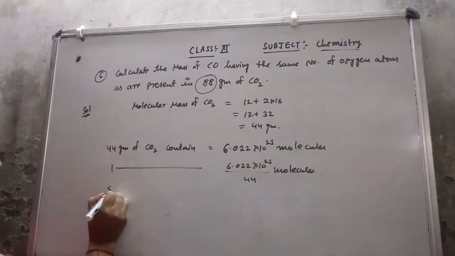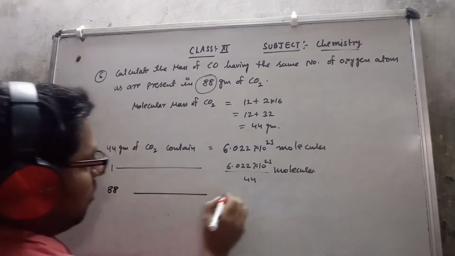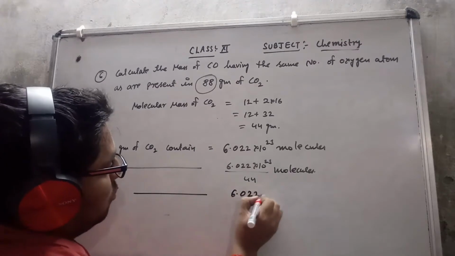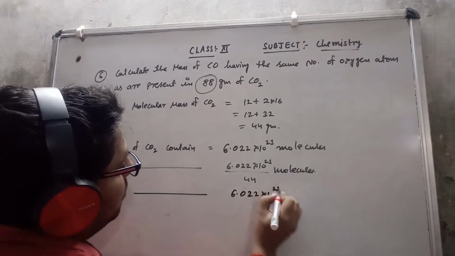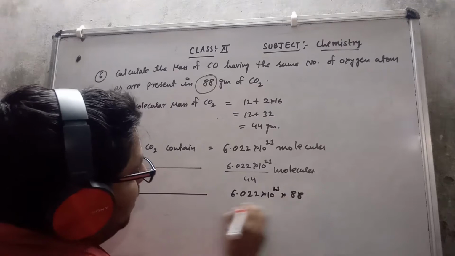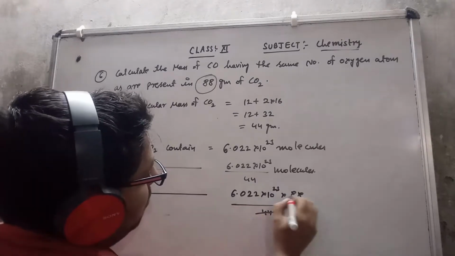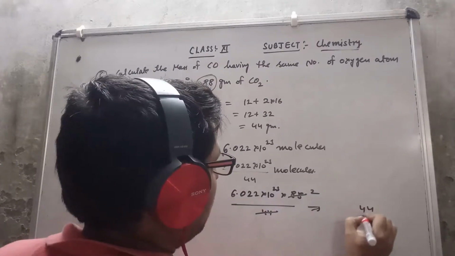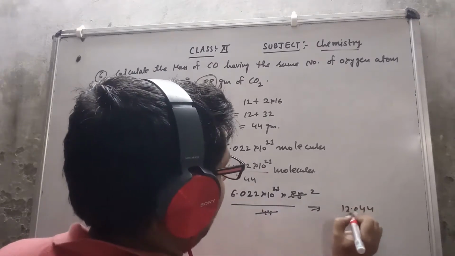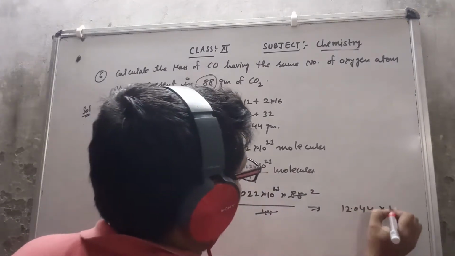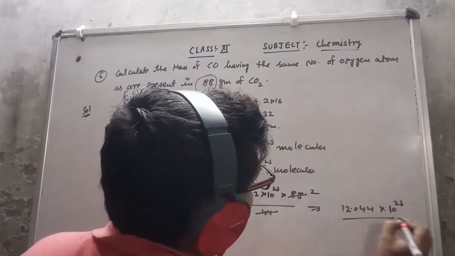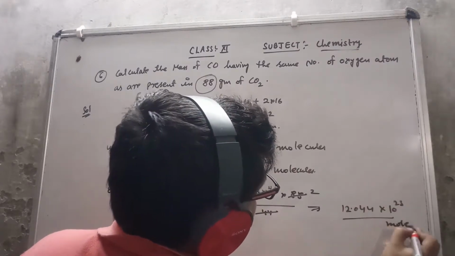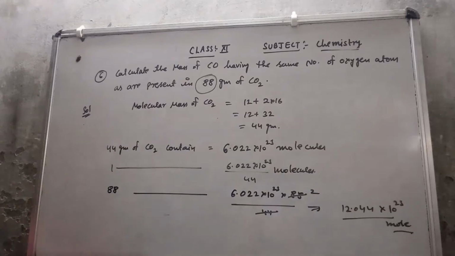So 88 gram of carbon dioxide contains 6.022 into 10 raised to the power 23 multiplied by 88 upon 44. 44 into 2 is 88, so you solve it, 6 into 2 is 12. 12.044 into 10 raised to the power 23 molecules. That much of molecules of carbon dioxide are available.